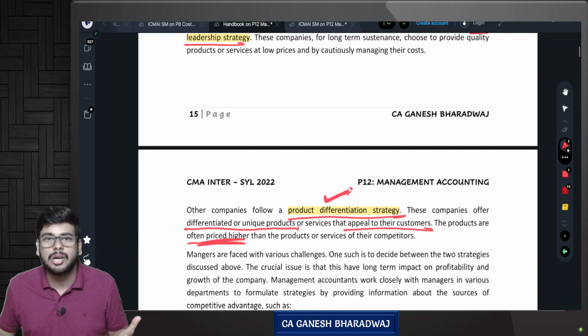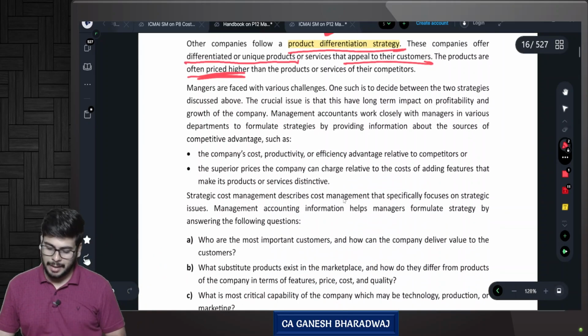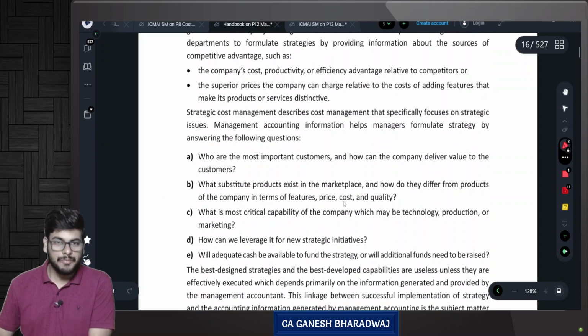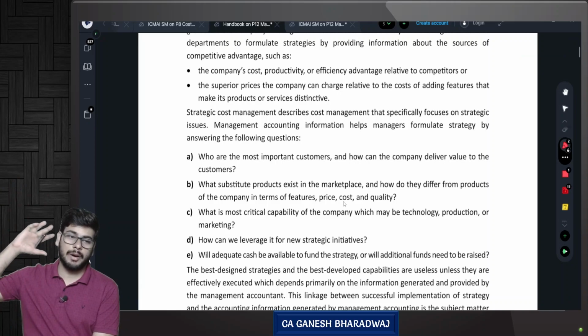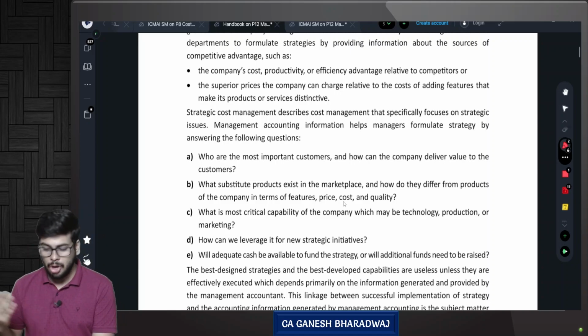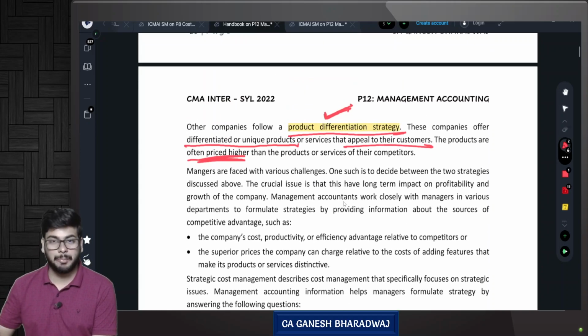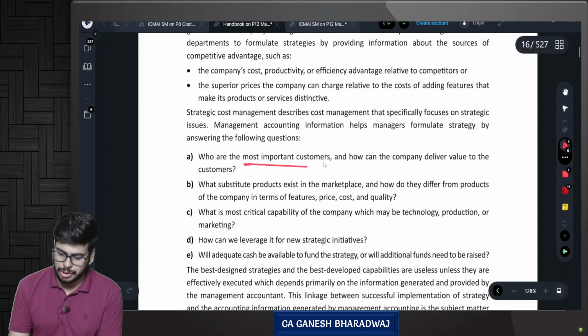That decision: who helps the top boss of the company to take it? Management accountants are the ones required to advise the company as to which method we can follow: cost leadership or product differentiation. There are many things that need to be considered. Who are the most important customers?